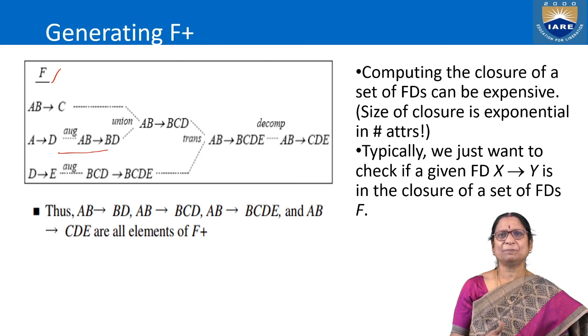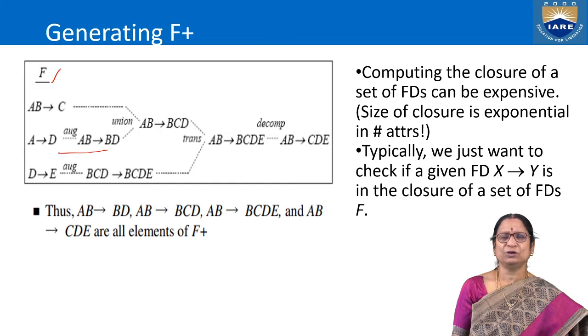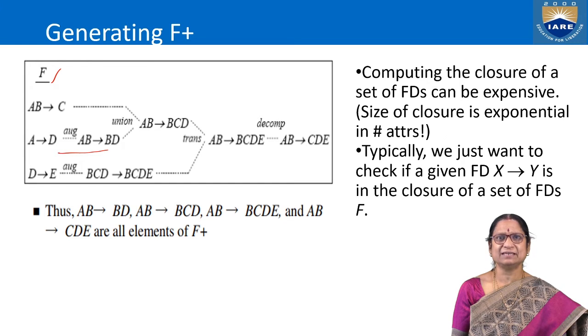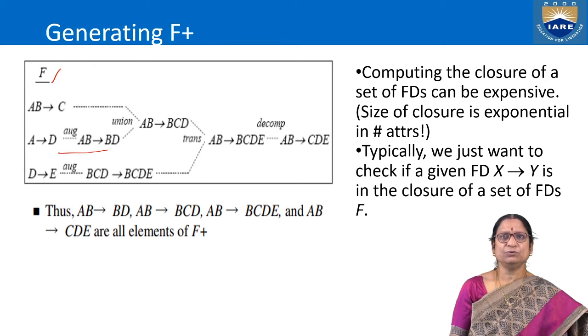We need to apply the rules as per the need so that we are able to generate a new FD, other than AB determines C, A determines D, D determines E. So you have to newly derive some FDs from members of F or a combination of members of F plus already generated ones. Those can also be considered.